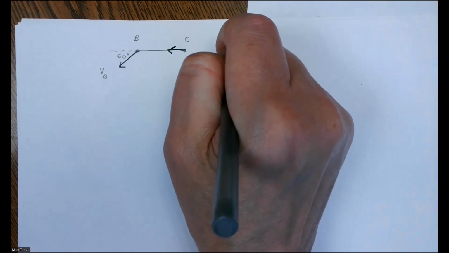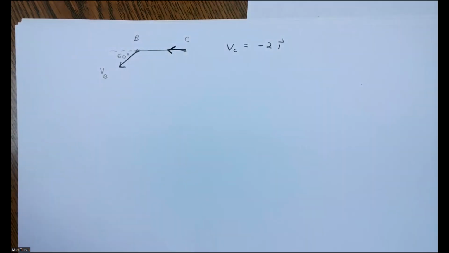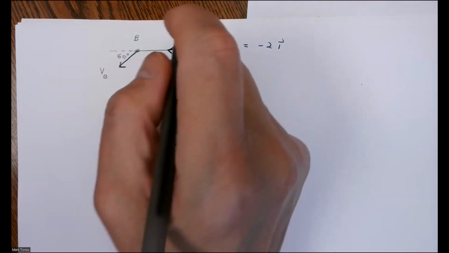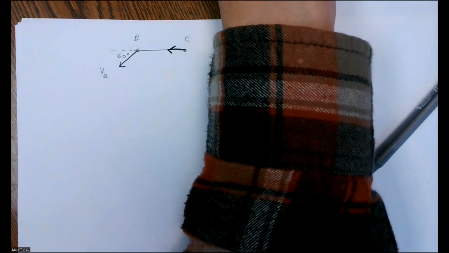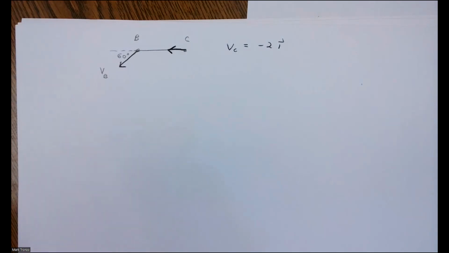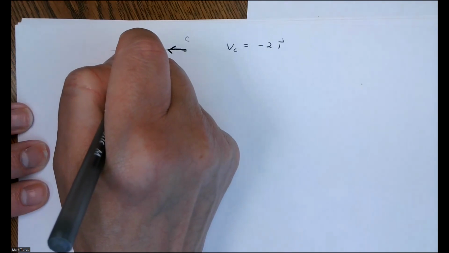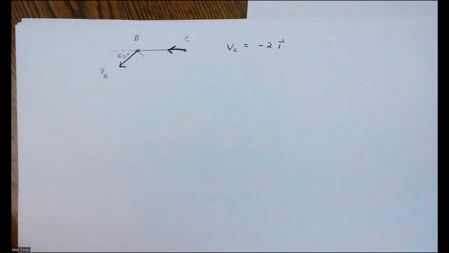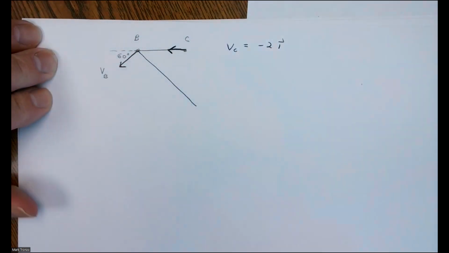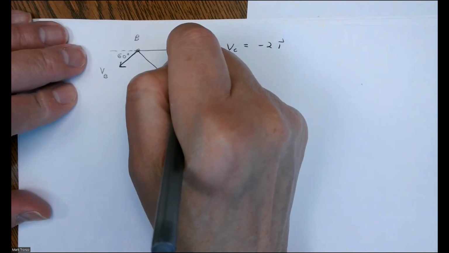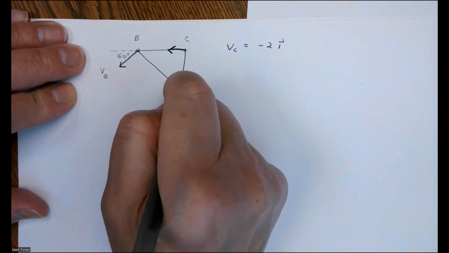So velocity of C was negative 2i. And we also know that if we draw perpendiculars from this velocity and from this velocity like this, the instant center is going to be wherever these two meet.